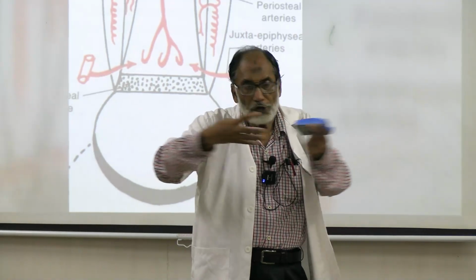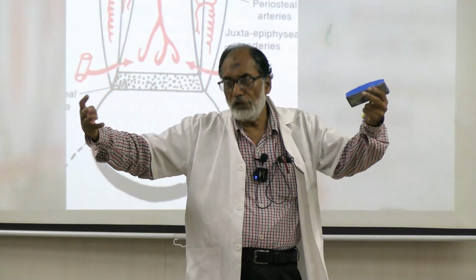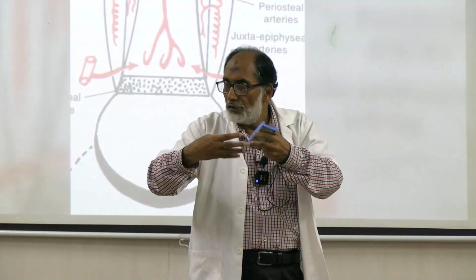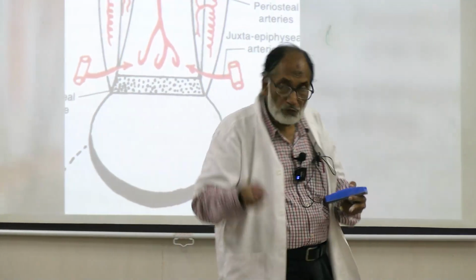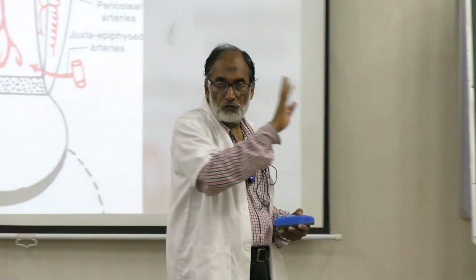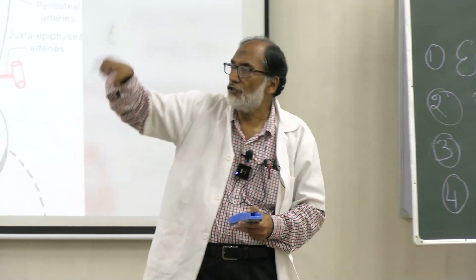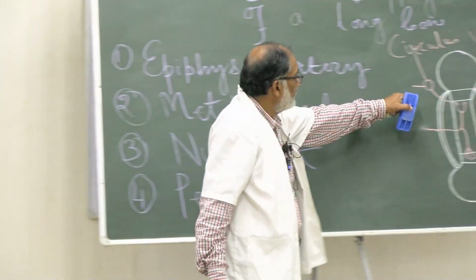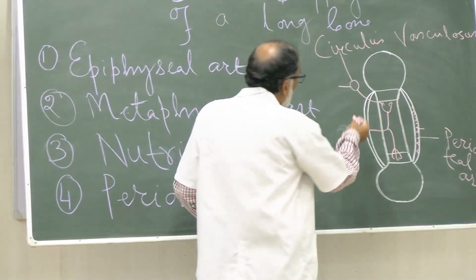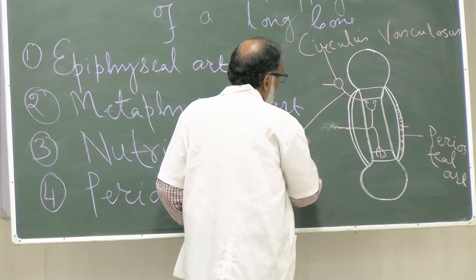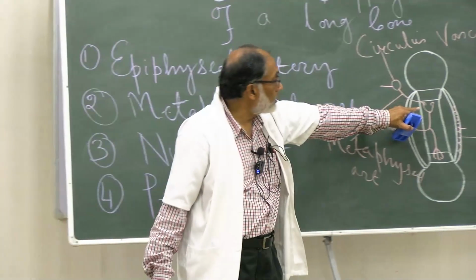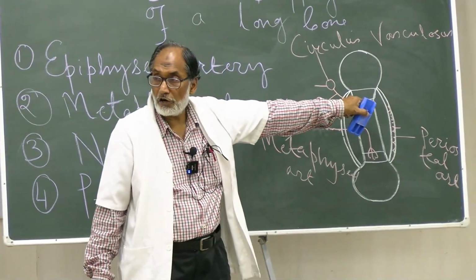Anastomosis means when two or three arteries come and contact together. That is called anastomosis. So from that anastomosis it comes. This is called the metaphyseal artery.